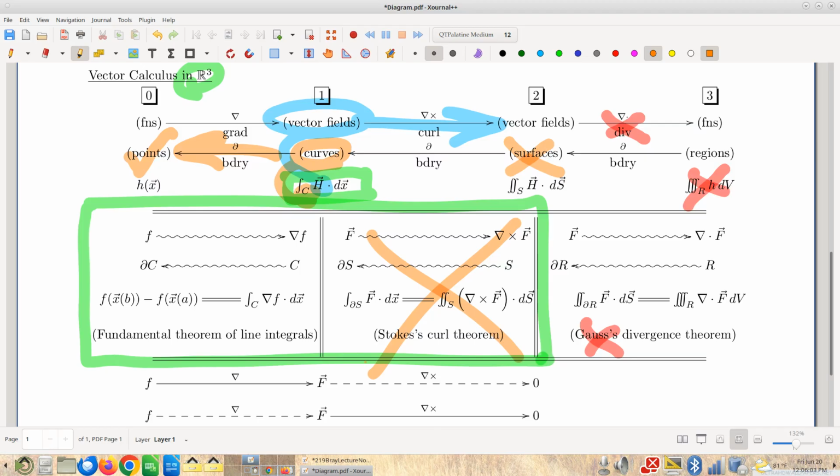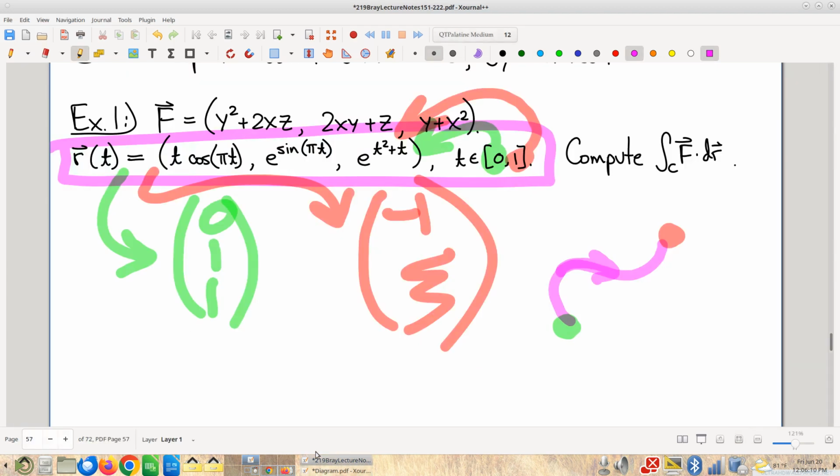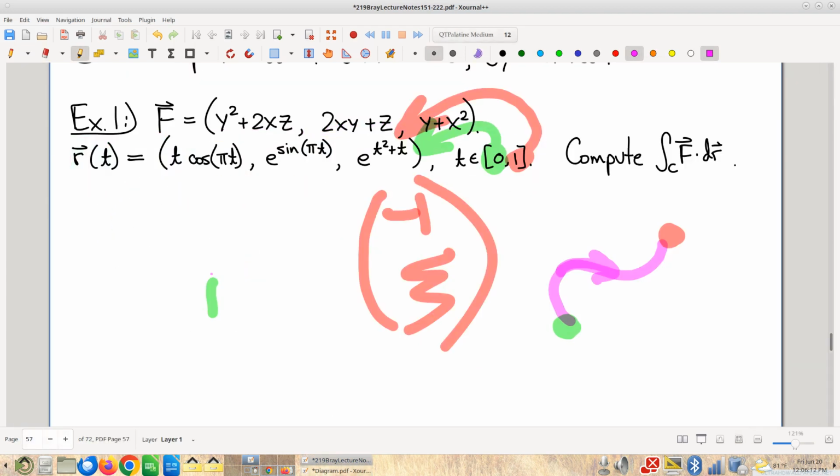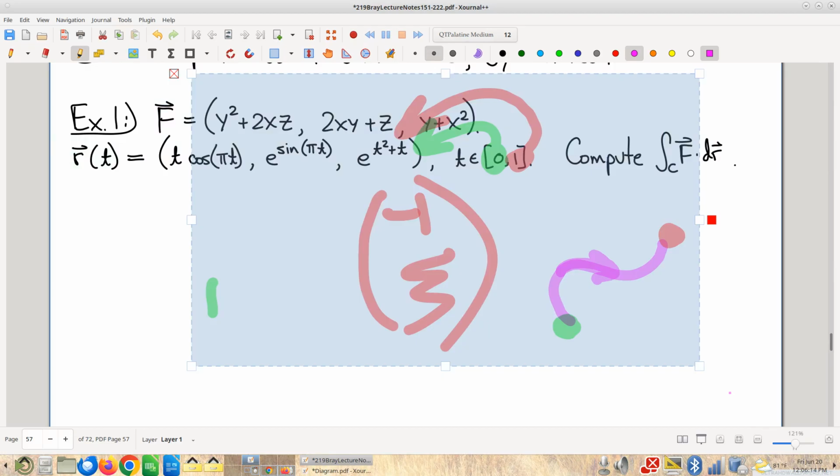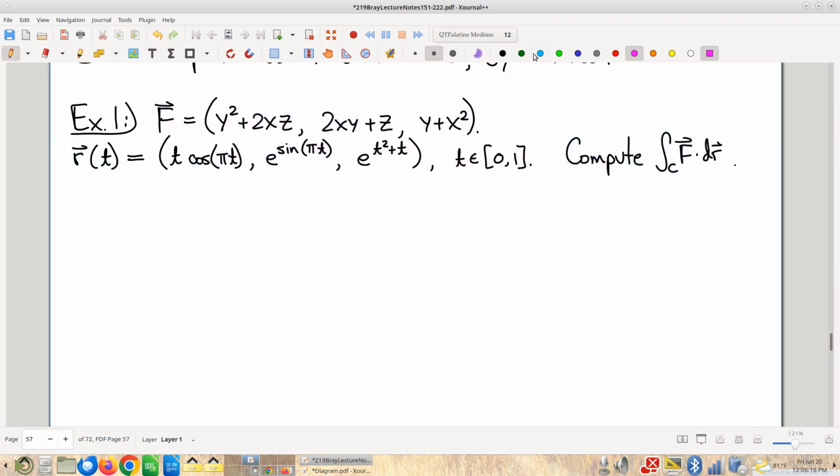Okay, all right. The next thing I'm supposed to do is compute the curl of my vector field. So, okay, let's compute that curl. And here we go, computing the curl.